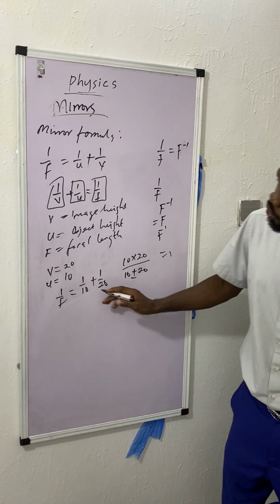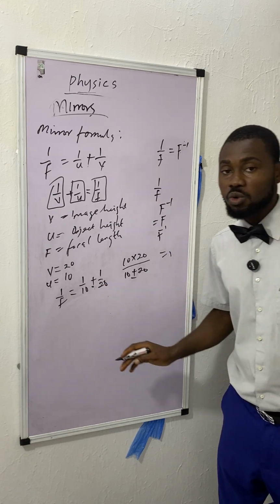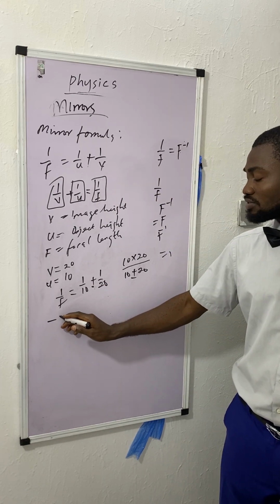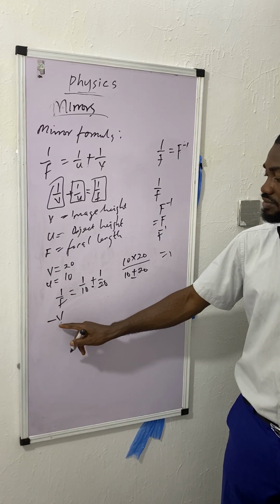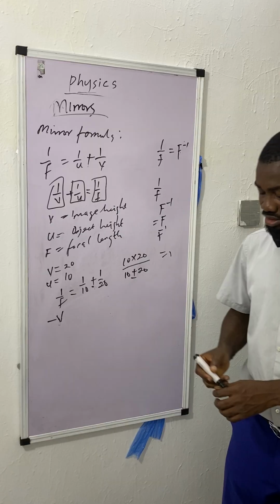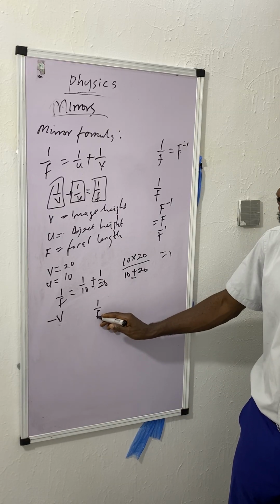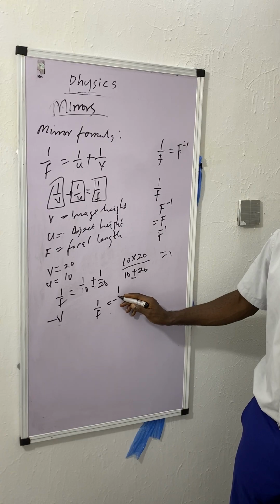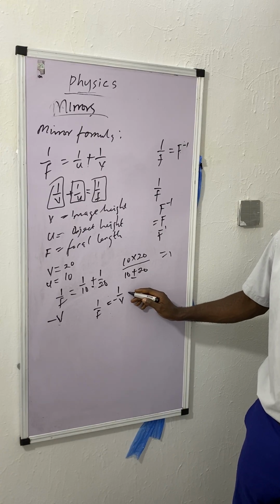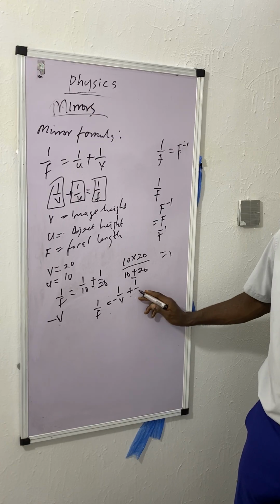So how are you going to know if it's plus or minus you are going to put here? Depending on the type of mirror. If it's a concave mirror we are working on, concave mirror is usually what? Negative, right? Negative image distance is usually negative, so that means we are going to use negative. It is now going to be 1 over f equals negative 1 over v plus 1 over u.